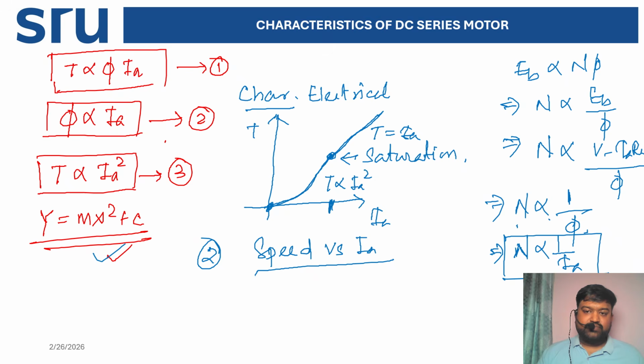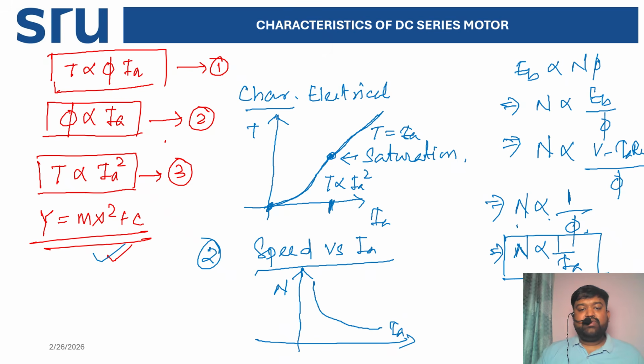Okay. Now we see the speed versus Ia curve. When I plot the graph, speed is on the y-axis and Ia is on the x-axis. Since it is inversely proportional, the graph will be like this. At zero or minimum current, Ia minimum, you get the maximum speed.